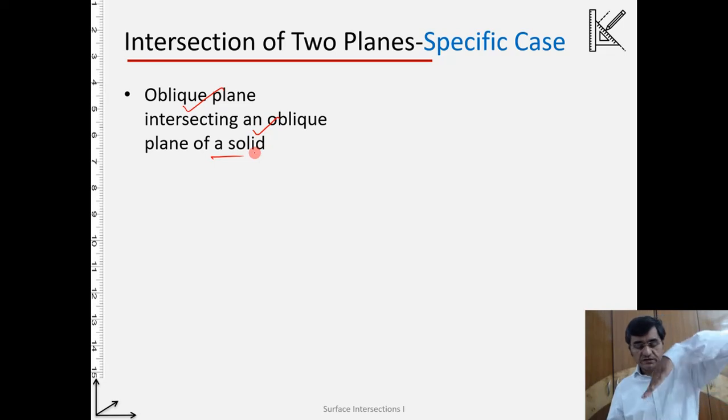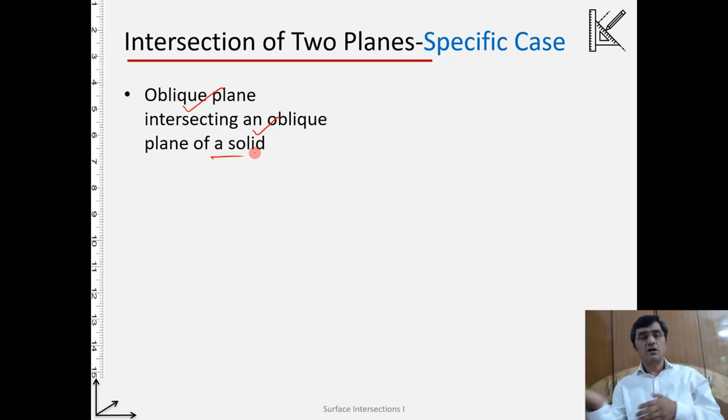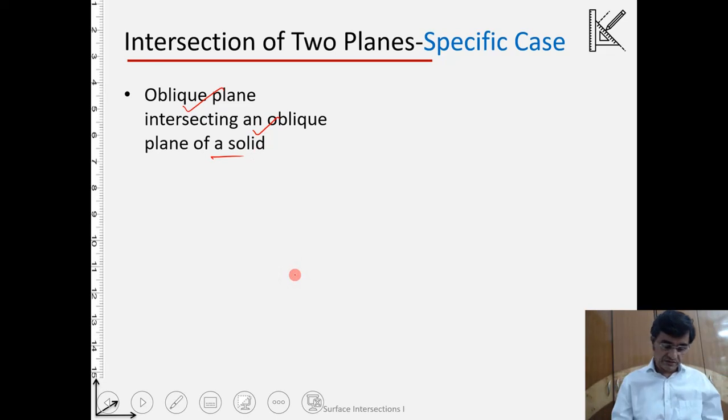On that solid one face of it is oblique, which is being intersected by another oblique plane. And what we have to do is locate the line of intersection. When I say locate the line of intersection, it means we have to locate the projection of that line of intersection on the horizontal, on the frontal and on the profile. That is how the case is.